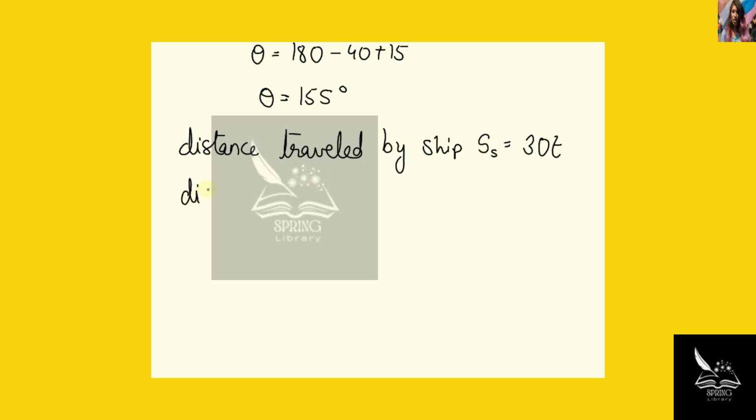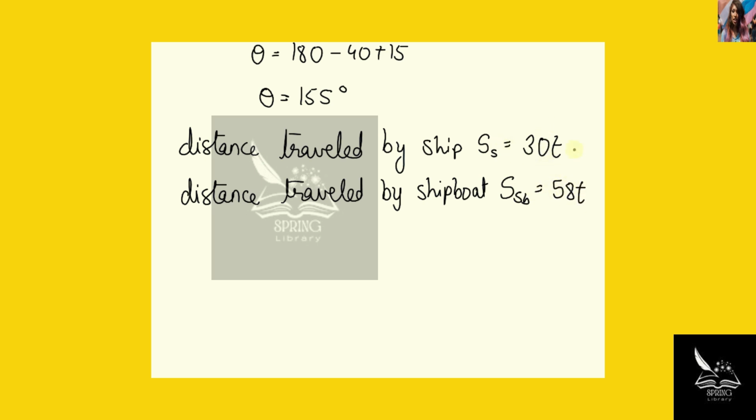And similarly the distance traveled by the speedboat, we will call it SB, will be equal to 58 times t. Now in order to find the angle phi, we will first find t, and then we can find this angle phi.